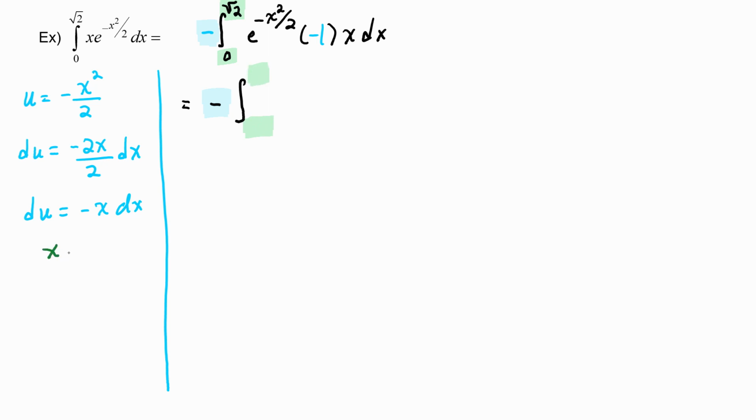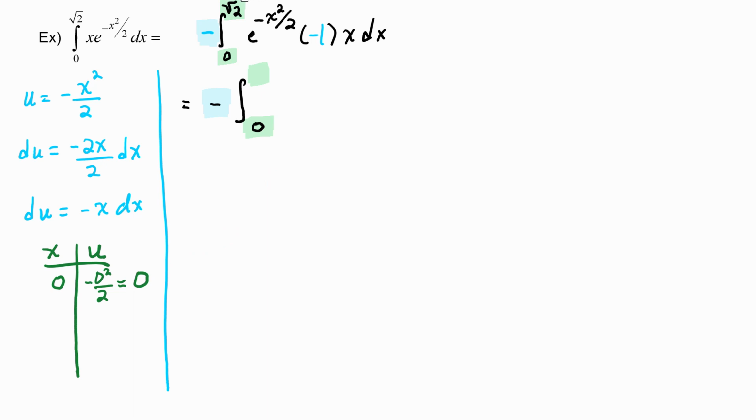So let's come off to the side here. When x is equal to 0, we plug 0 in for x, and u would be negative 0 squared over 2, which is equal to 0. So the lower limit is still going to be 0.